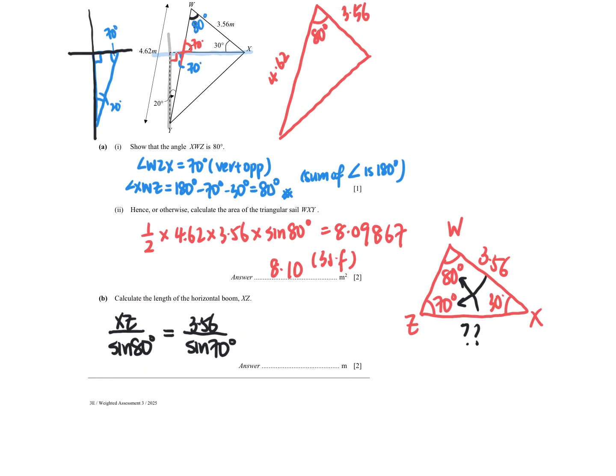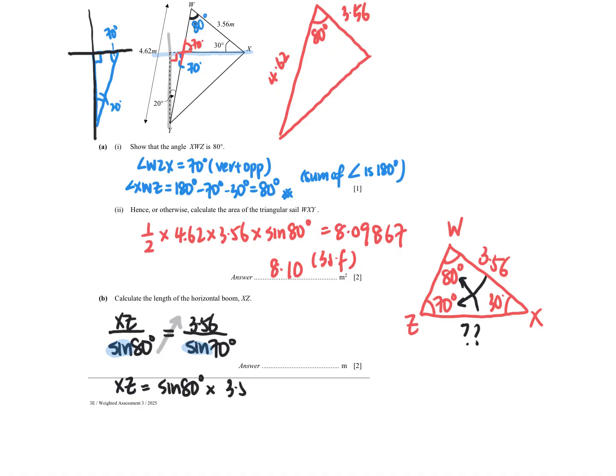Sine rule must have sine. I have so many batches of students who omit the sine. You all just write XZ over 80 degrees is 3.56 over 70, then you give me the answer. Okay, it's not, it's sine of the angle. So remember that one. During the exam, you all can do anything, I don't know why.